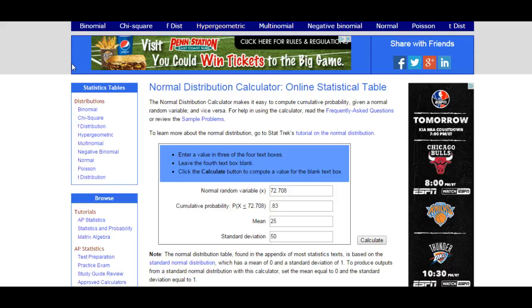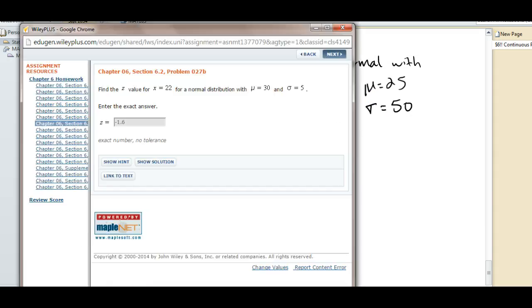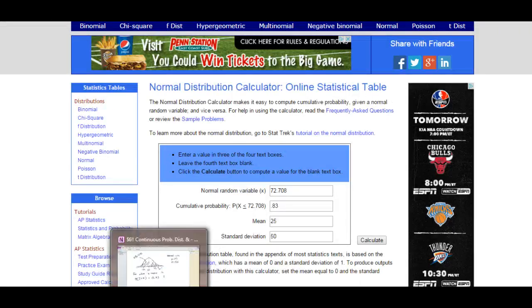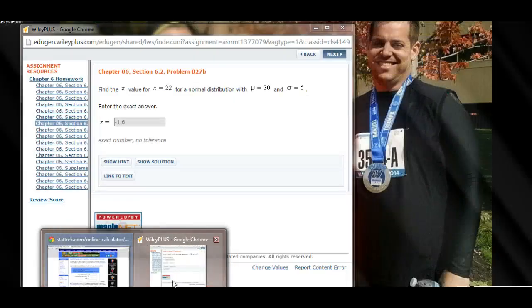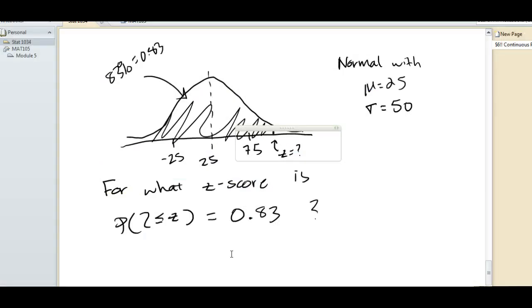So it's saying this value right here is 72.708. So that's what the x value is. Actually I was a little bit off, it should have been here.